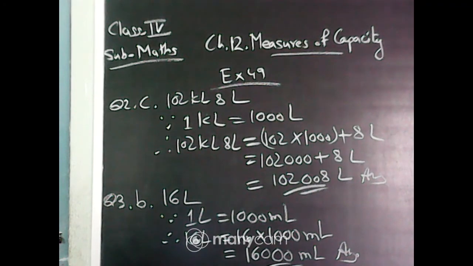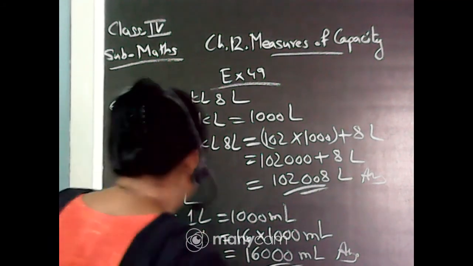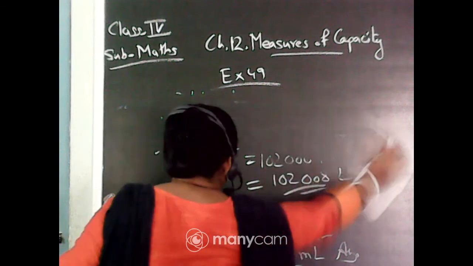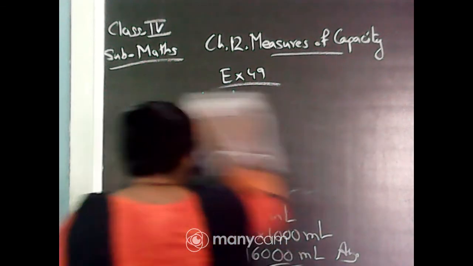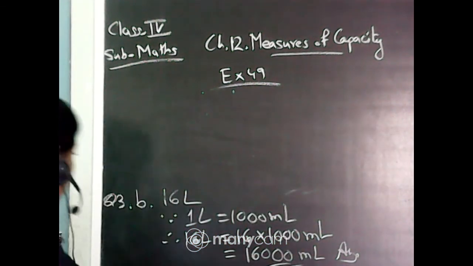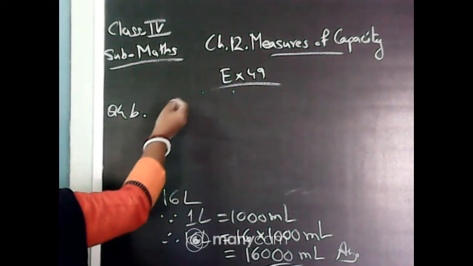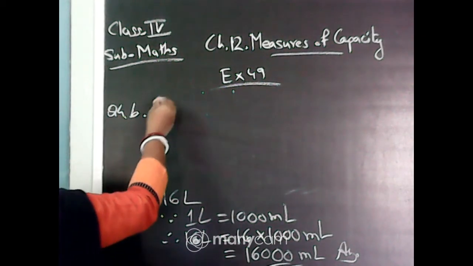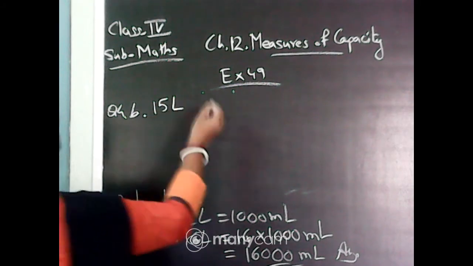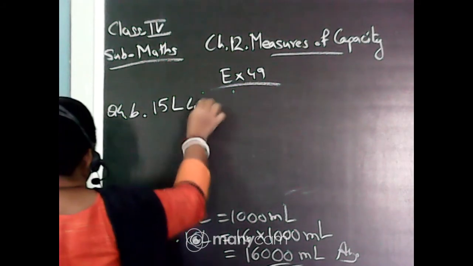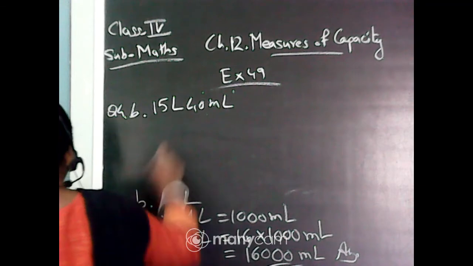So question number 4, do number B. Question number 4, number B. It is given 15 liter and 40 milliliter. So you have to change in milliliter.